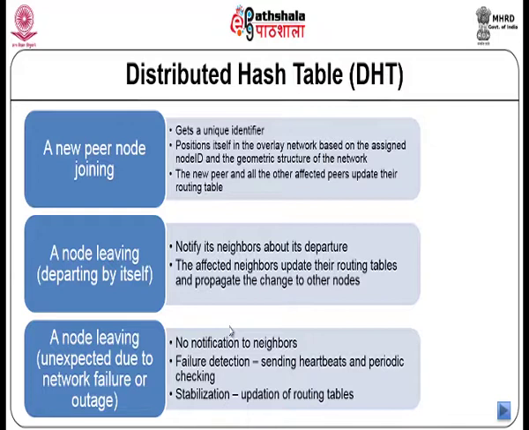When, through the discovery mechanism, one node discovers that this particular node is not responding, they conclude that the node has failed. Once the failure is detected, the same process as the premeditated node leaving can be used, and updating of the routing tables can happen.